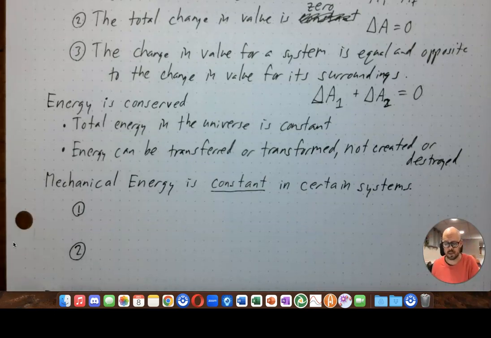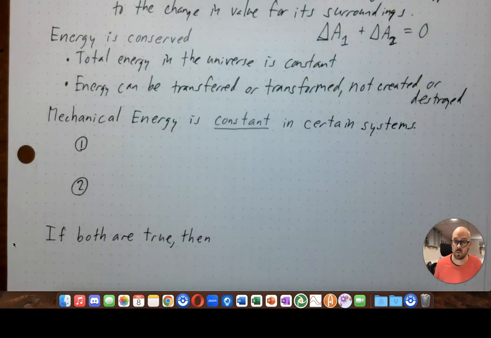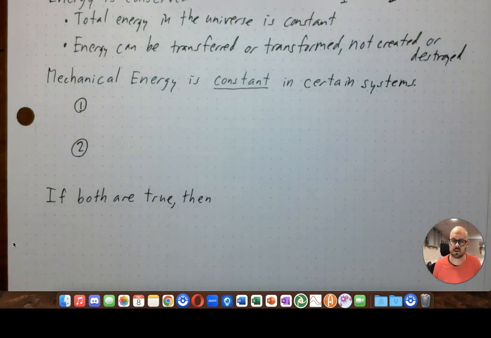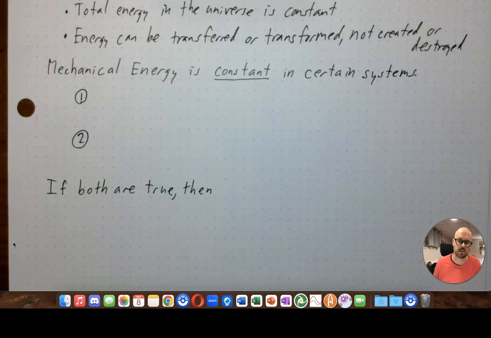We're only talking about mechanical energy. So we can't always say that energy is constant. We can sometimes say that mechanical energy is constant. We have two criteria. We're going to learn a lot about the first one in this section, and then when we get to the end of this unit in the final section, we'll learn about the second one a lot more.